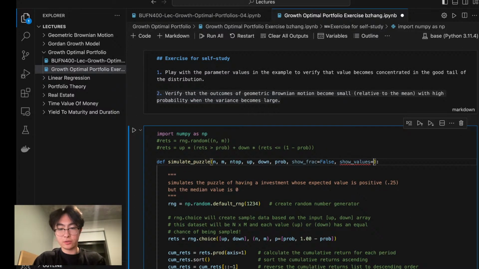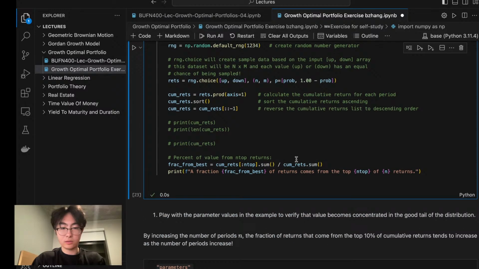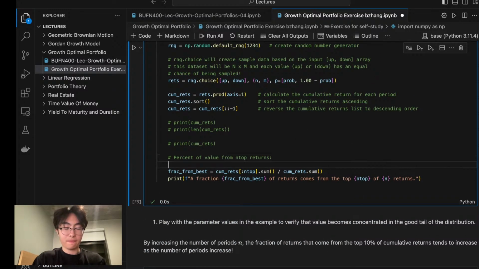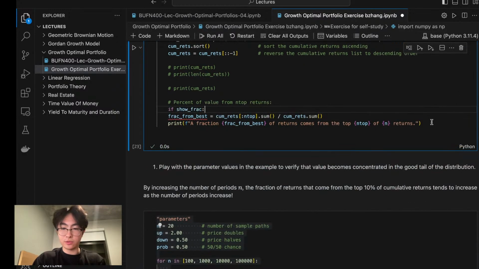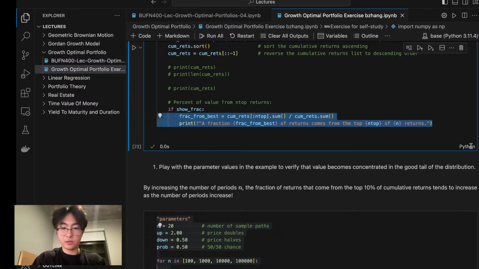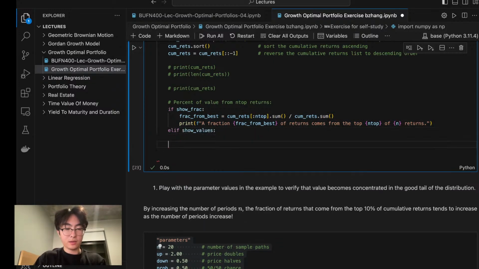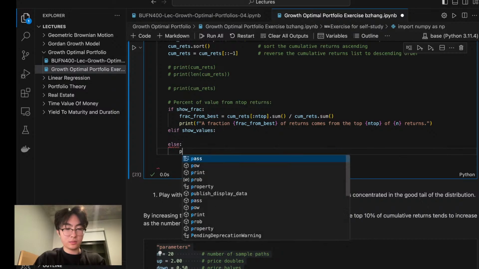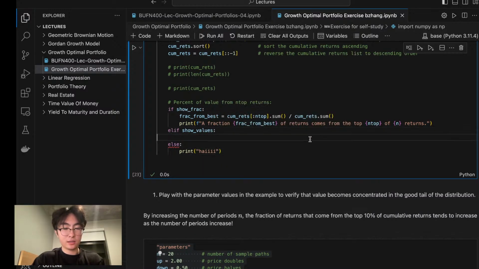Show values. Okay, is equal to false. Okay. So if show frac, then we'll just do these two operations, and then elif show values, else print. Actually, let's do this.